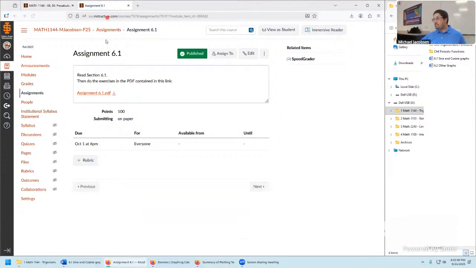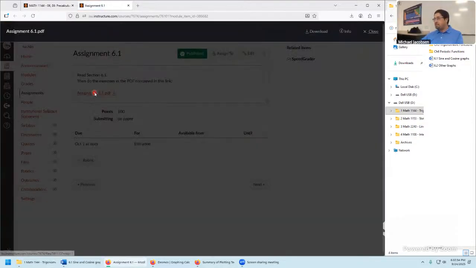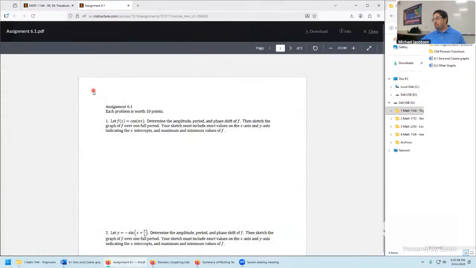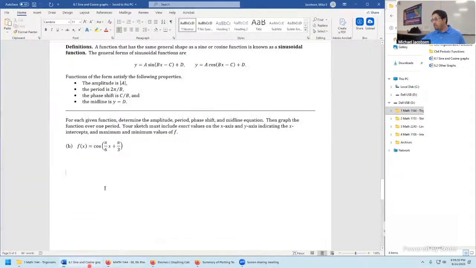If you click on this, it's a PDF. Similar kinds of problems to the book, but I want to be really specific on the instructions. So these are homebrew problems with the same kind of instructions you'll see in the lecture notes. That way you'll know what you're doing is the same thing we're doing in class.